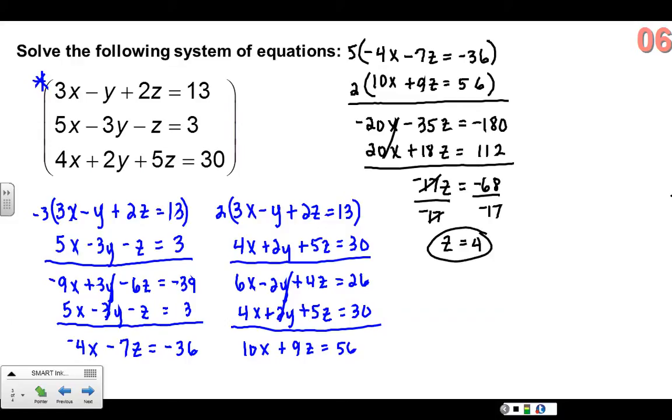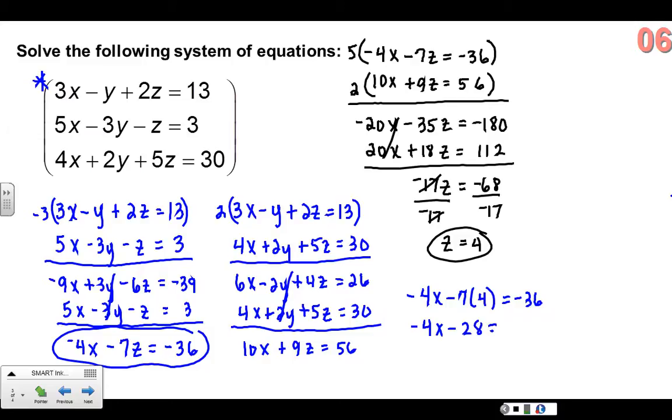So now to find a second solution, I'm going to use one of my two equations, two unknowns. So how about we just pick this first one here? Negative 4x minus 7 times 4 equals negative 36. So negative 4x minus 28 equals negative 36.